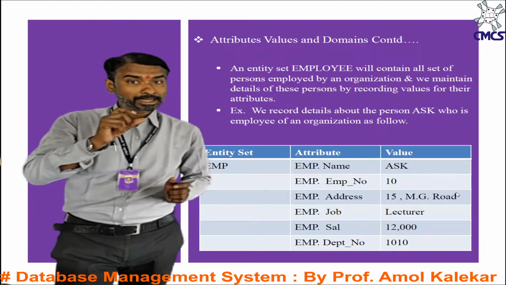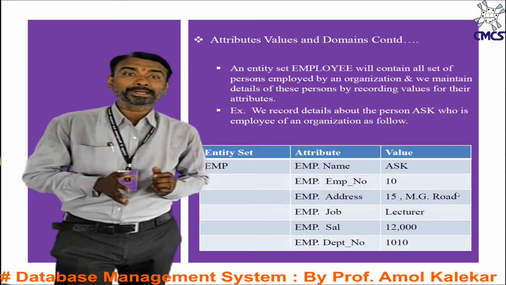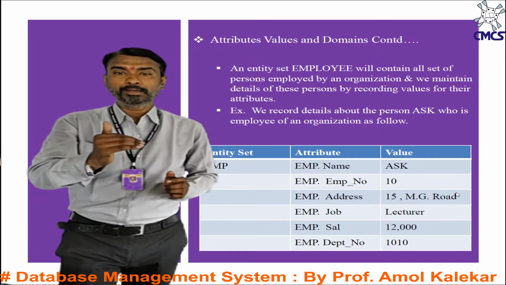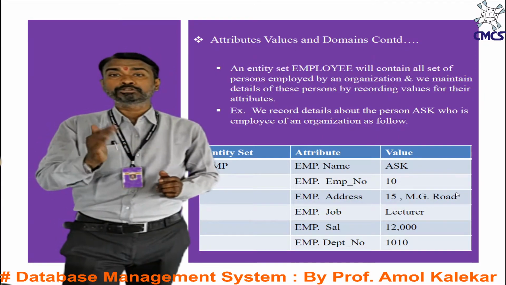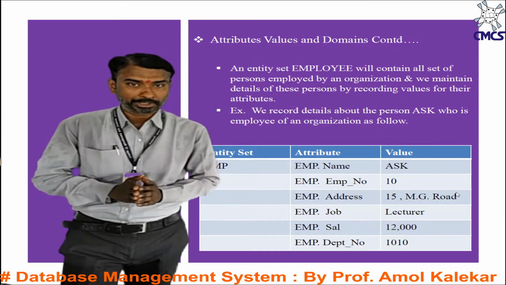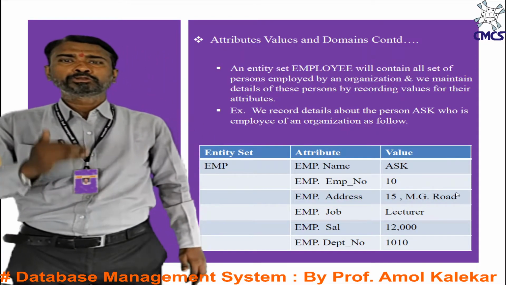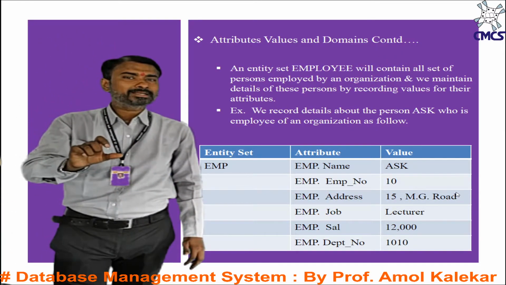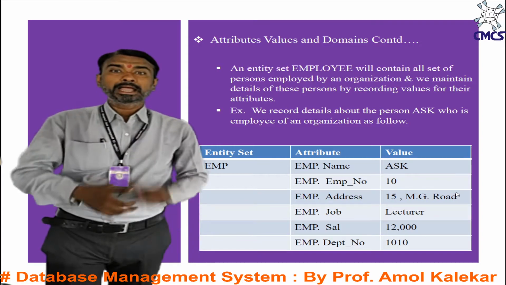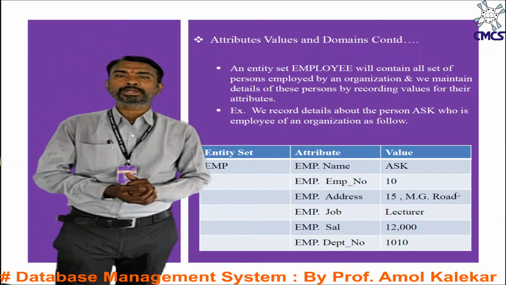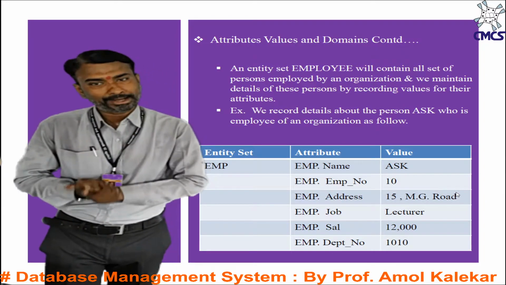For the attribute job, I have populated the value lecturer. For salary and department number, I have populated the values 12,000 and 1010 respectively. So this is the way through which we can identify the entity set along with its attributes, and we are trying to populate the domain compatible values for the respective attributes of a given entity set.